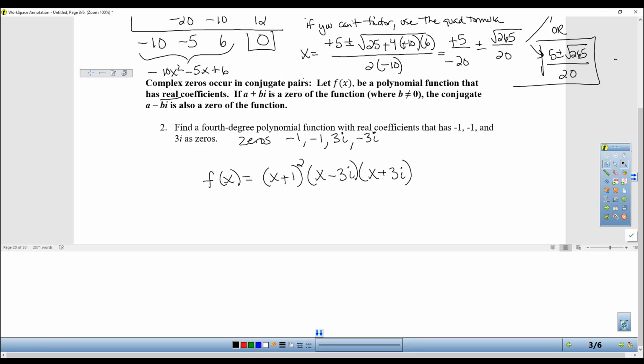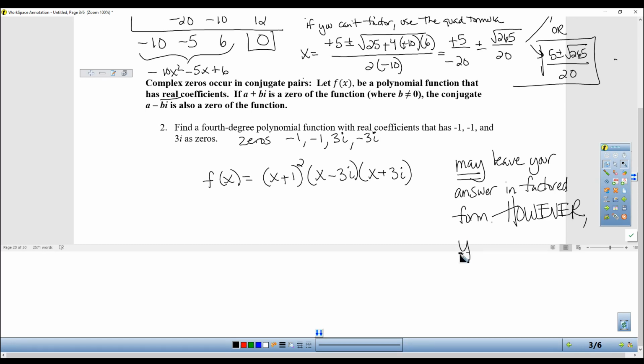Now, this is super important, you may leave your answer in factored form. However, is that big enough for you? You may not have an i in your answer.